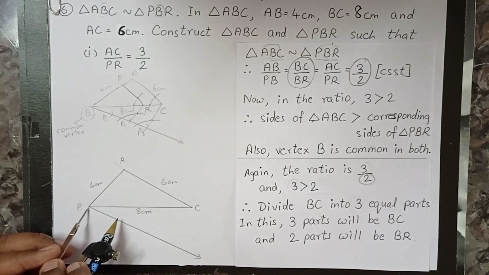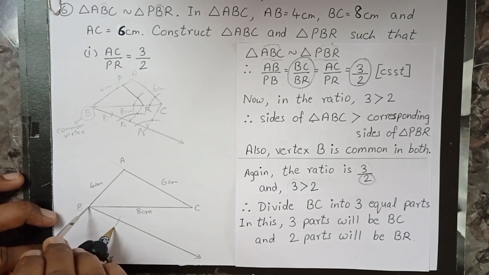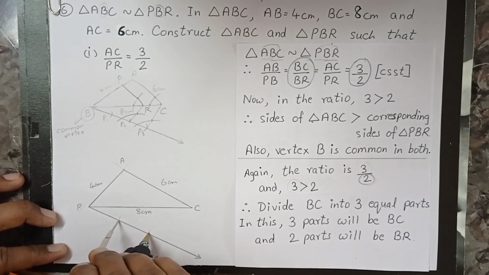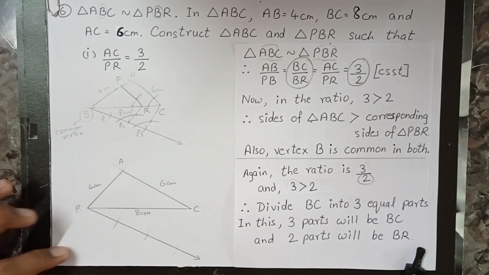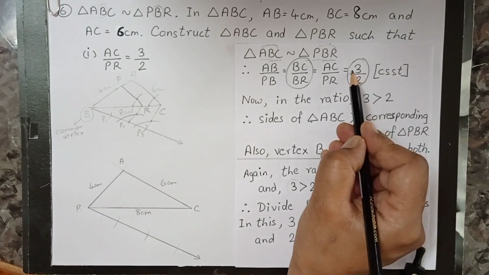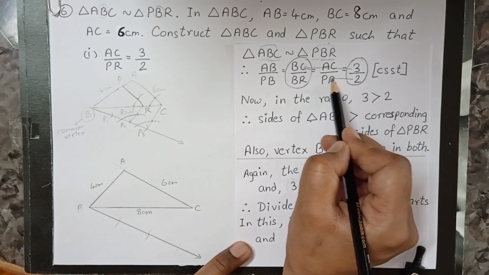So from point B, first cut without changing, the second cut, and without changing the third cut. Now the third cut has to be joined to point C. Reason, 3 corresponds to side BC and 2 corresponds to side BR.